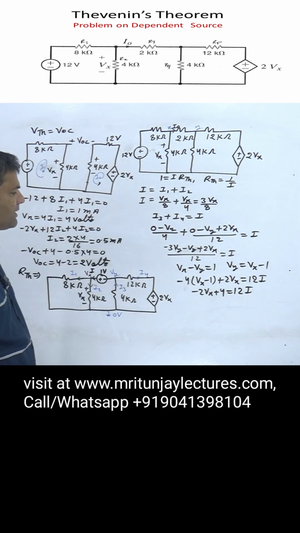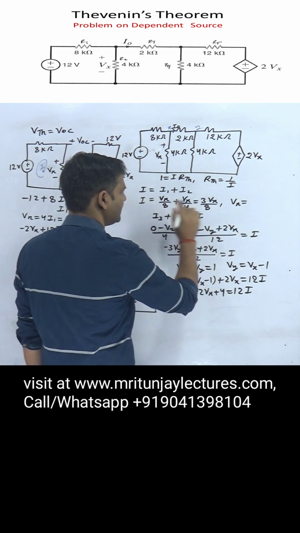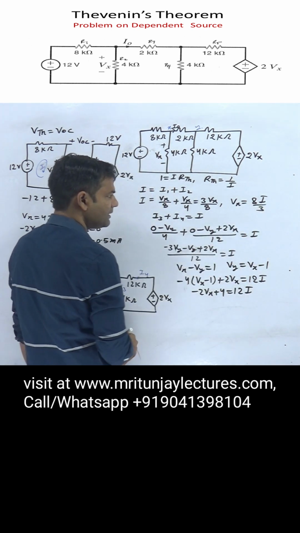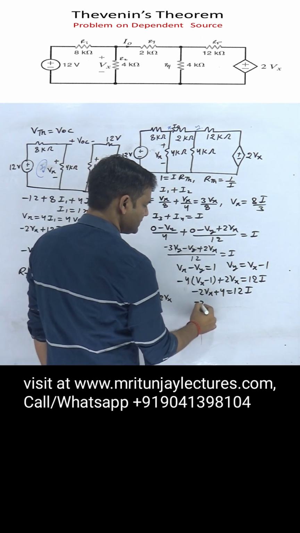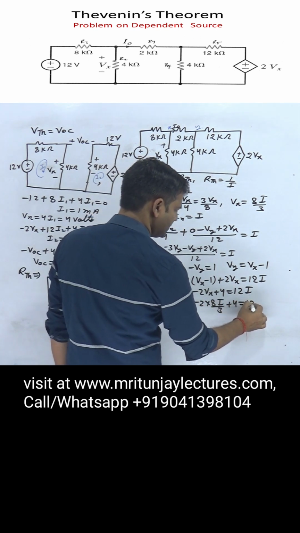Okay, now what about Vx? Vx in terms of I is 8I divided by 3. If we put this value here, minus 2 into 8I divided by 3 plus 4 equals 12I.